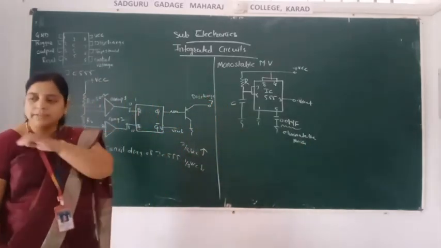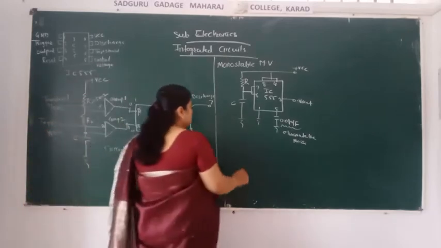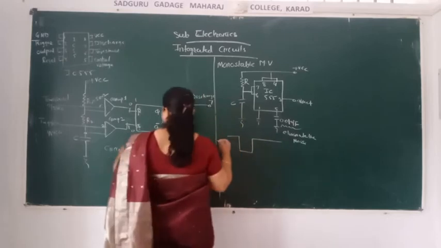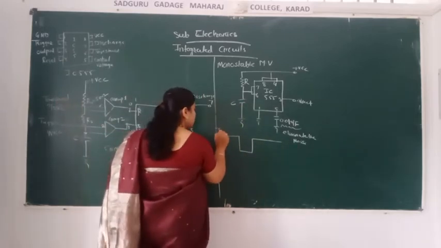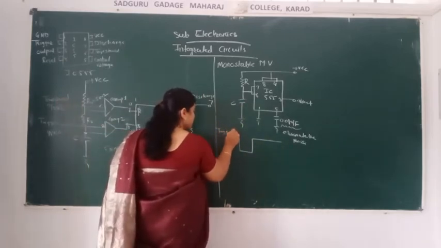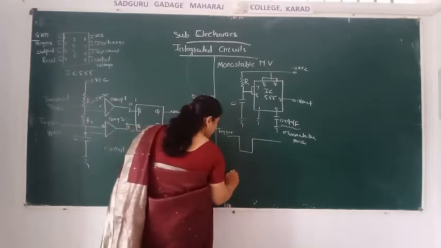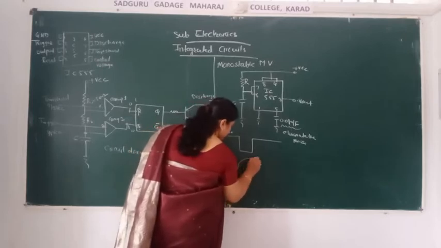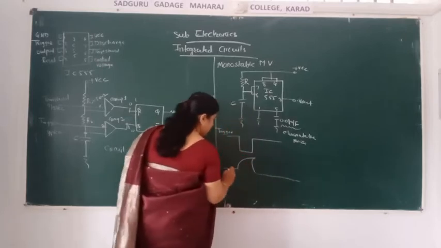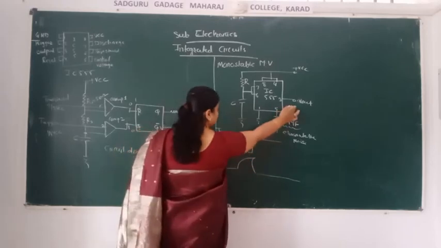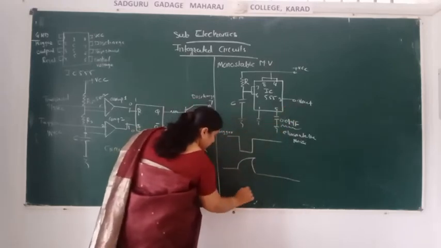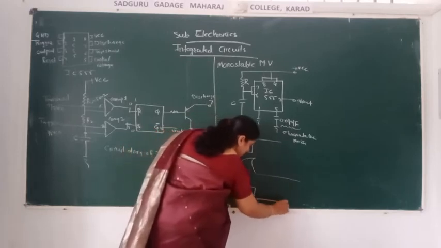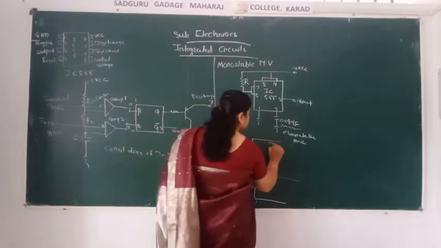In the monostable multivibrator, we have seen the waveforms. How many inputs are we giving? The trigger input, the threshold input, and our output we are getting at pin number 3, which is the width.